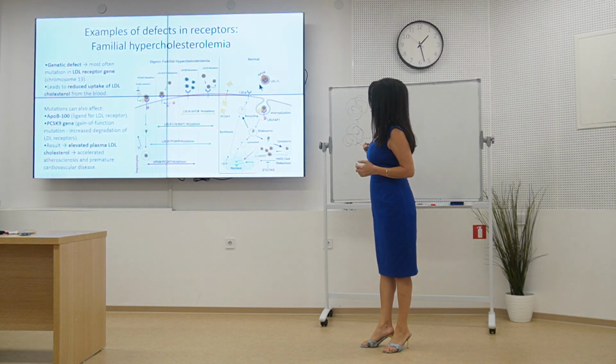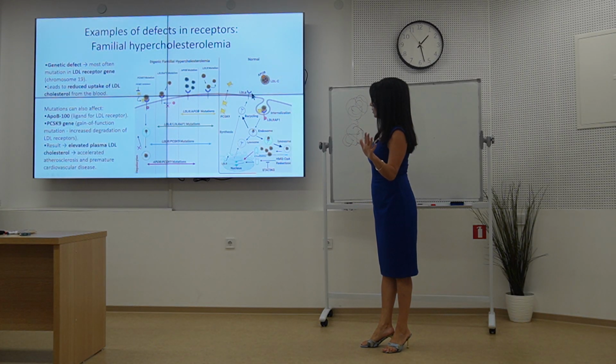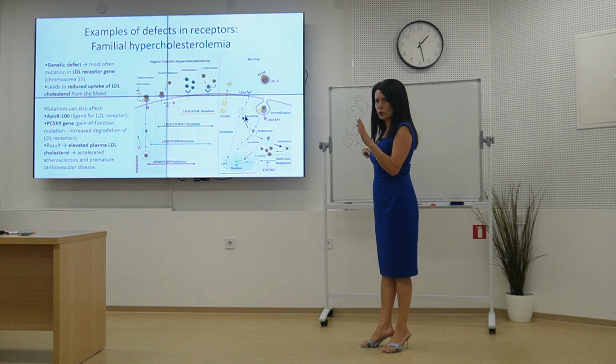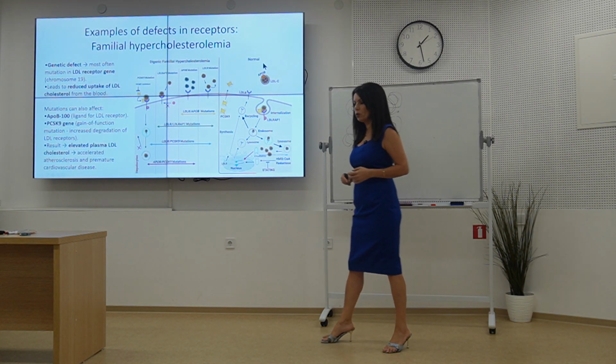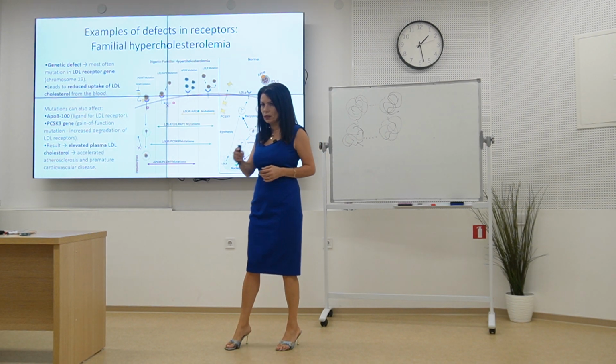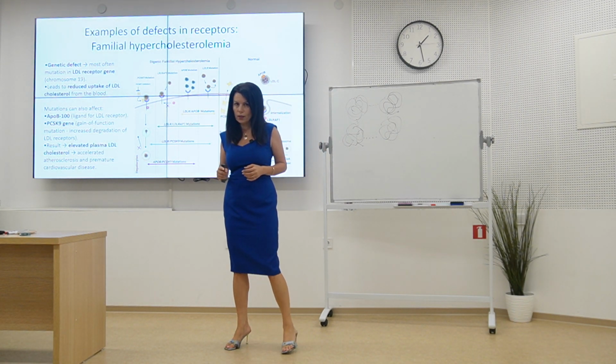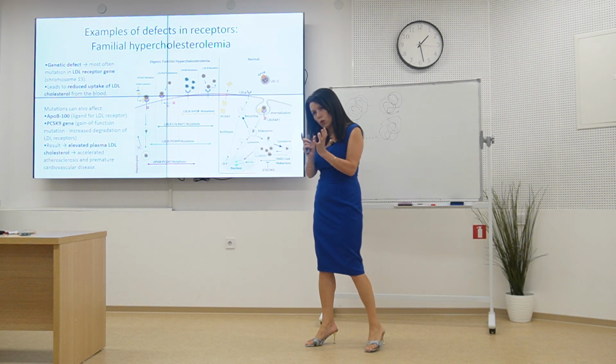And let's see here, this is the LDL receptor, intact receptor. After the recognition with the ApoB100, there is formation of one receptor-LDL complex. After that, there is internalization, which is also called receptor-mediated endocytosis, and formation of endosome.